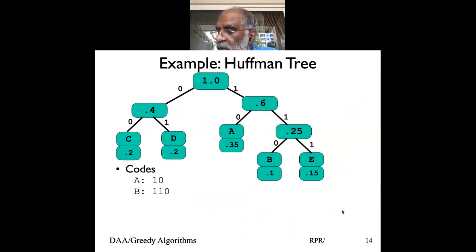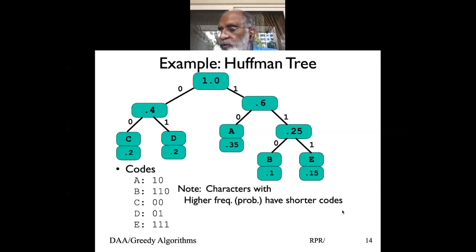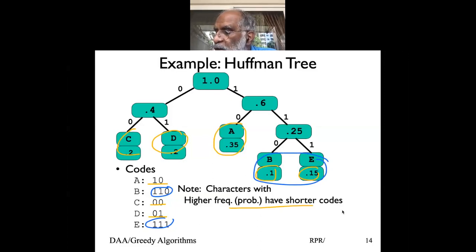So these are my codes. And you look here in this case, characters with higher probability, like A, which has the highest probability, then we have C and D. So characters with high probability, A, C and D, have shorter codes, and characters with lower probability have longer codes.